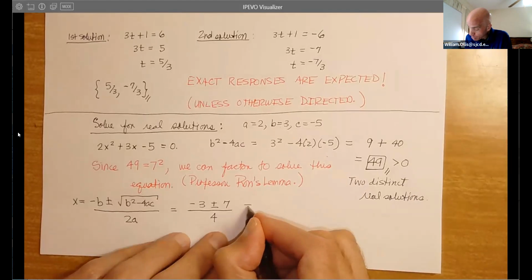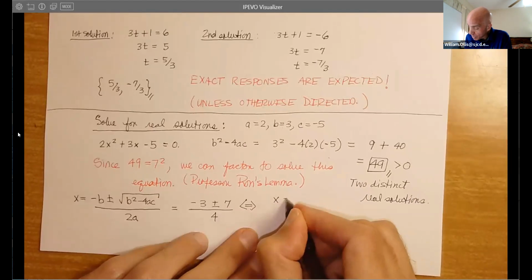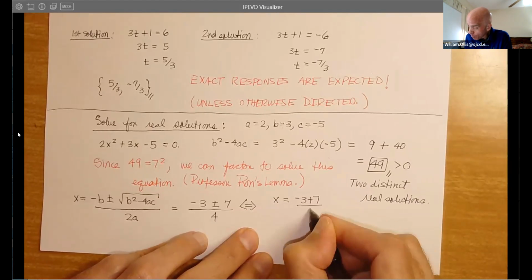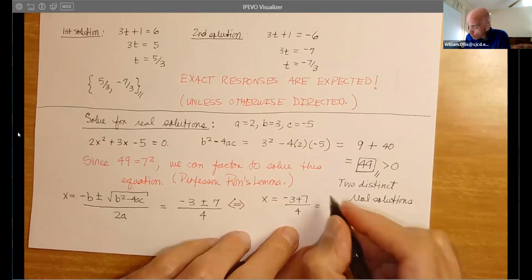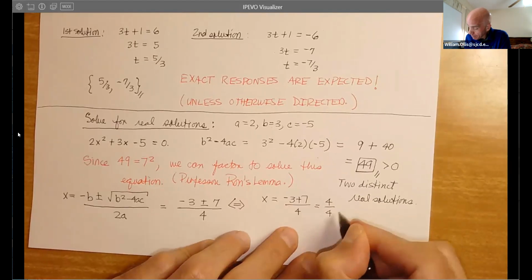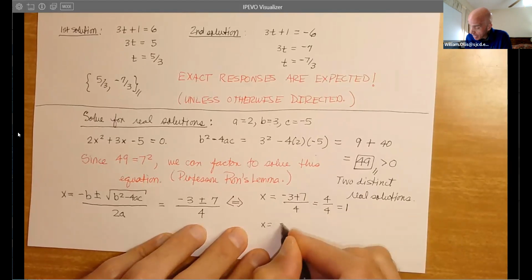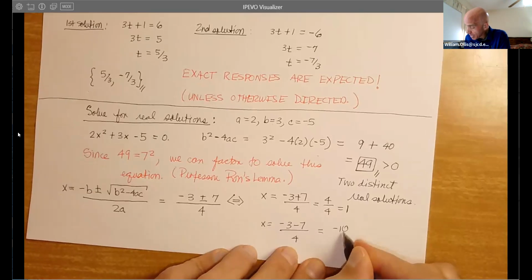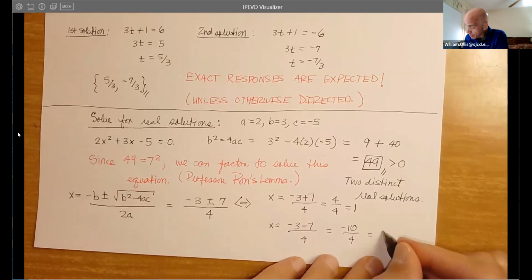Now, this implies, or equivalently, we have a first solution, x equals -3 plus 7 over 4. So this is going to be 4 over 4, or 1. And then we have x equals -3 minus 7 over 4. So this is -10 over 4, which we can reduce to -5/2.